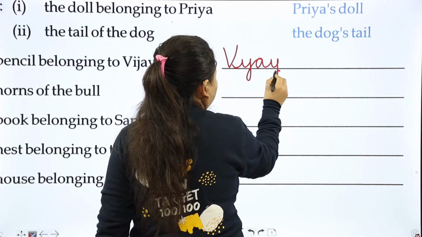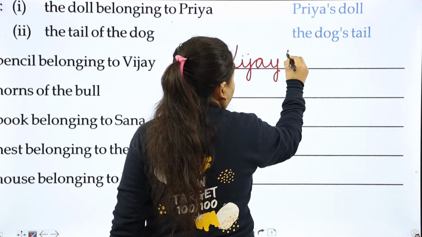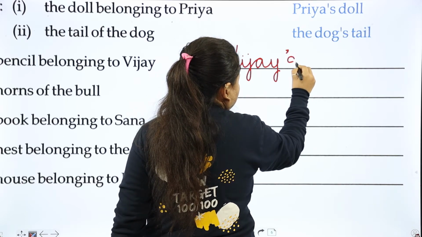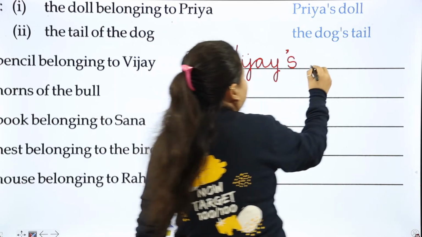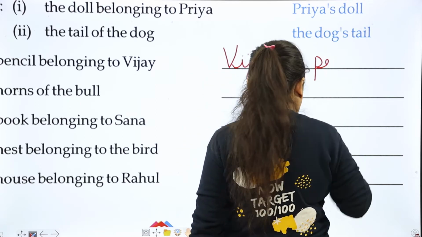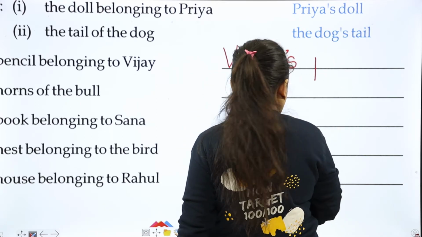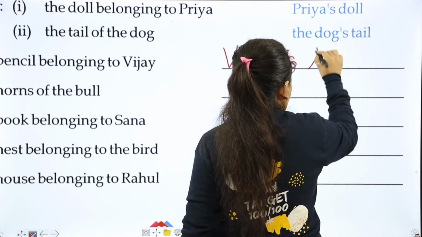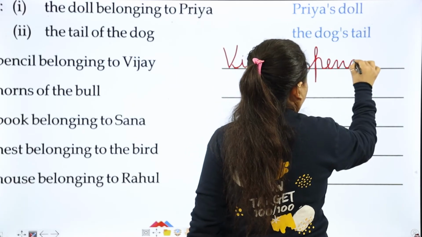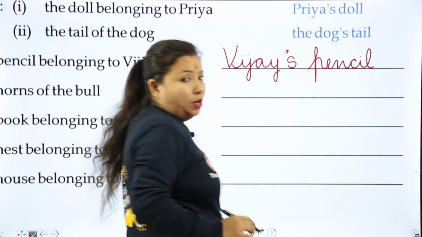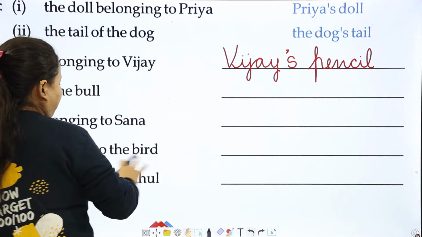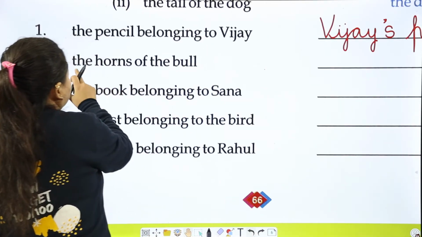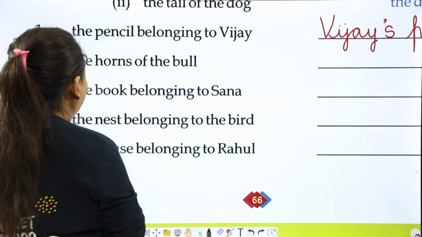This is a singular noun, so apostrophe S and then pencil. Vijay's pencil.